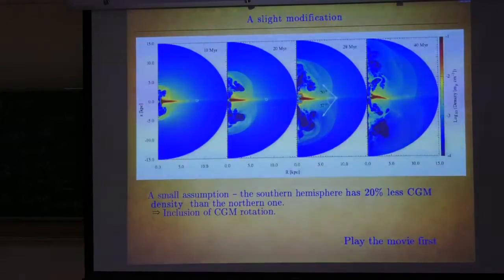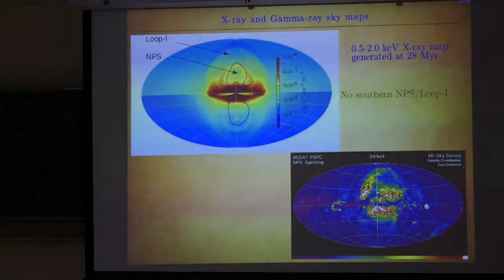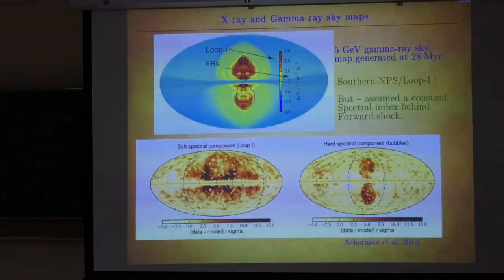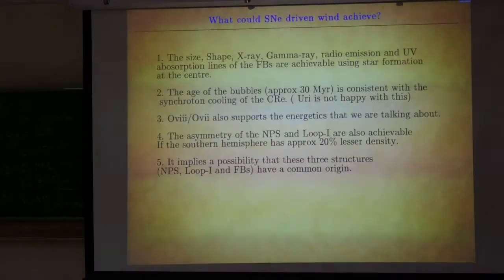So what we would see is a slightly steeper cosmic ray electron spectrum. If we change that from 2.4 to 2.45 in the southern hemisphere, the intensity decreases by a factor of 2, a 50% reduction, and it becomes completely indistinguishable from the background. Okay, so I think this is the end.